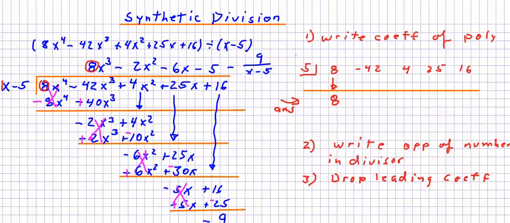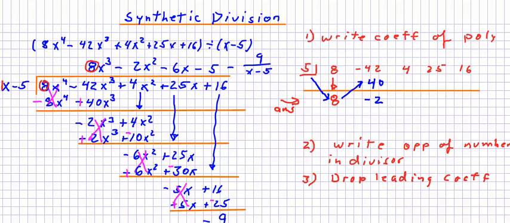Then we multiply. I think I'm going to use this in colors instead of writing out the steps. We multiply 5 times 8, and the result we put up here. I get a 40. And then I add the negative 42 and the 40, and I get a negative 2.